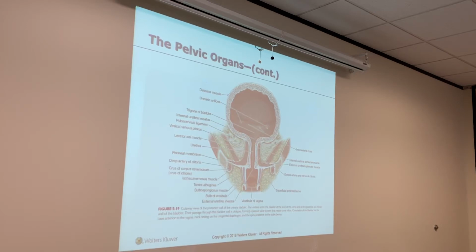Here are where the ureters go into the bladder, posterior, inferior bladder, at the trigone. The trigone is the area of the bladder where the urethra will exit.